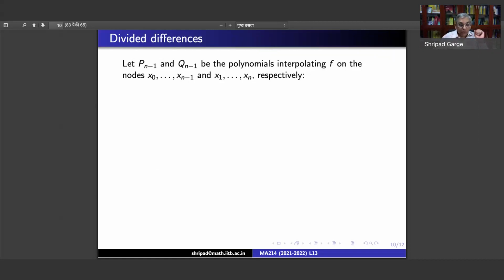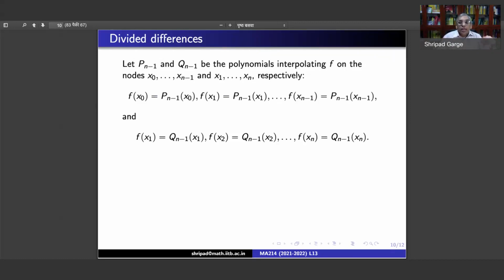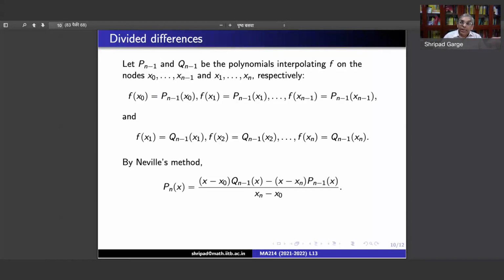If you think that this is taking us somewhere close to Neville's method, then you are partially right. So f and Pn minus 1 agree on x0, x1, up to xn minus 1, and f and Qn minus 1 agree on x1, x2, up to xn. And then indeed Neville's method tells us what the polynomial Pn should be.